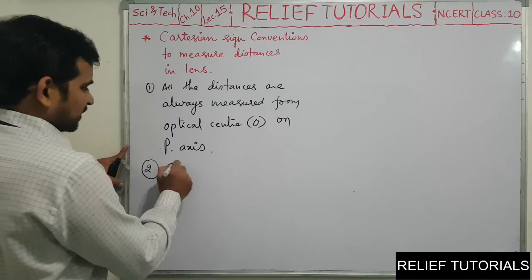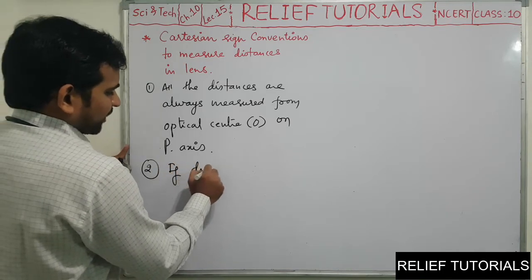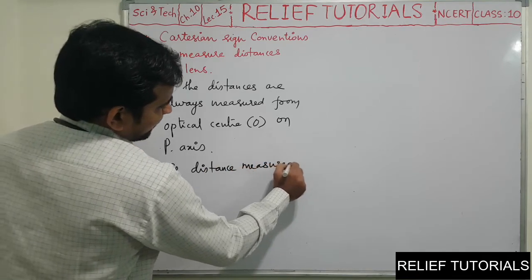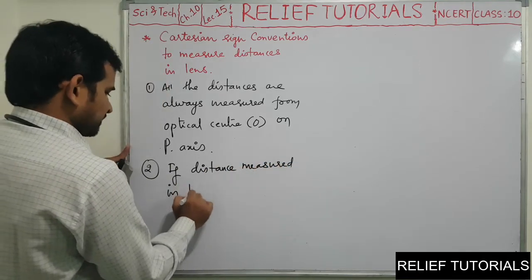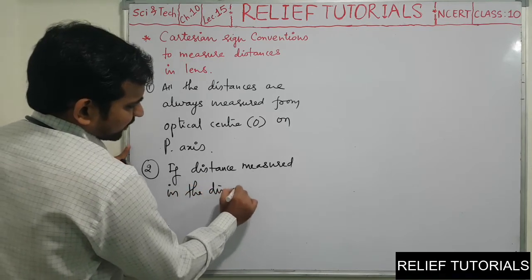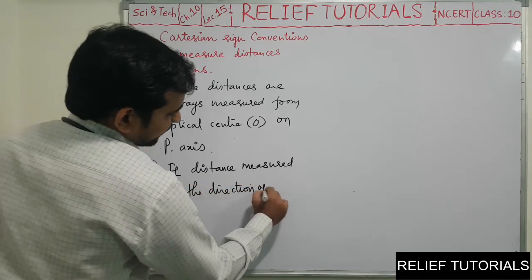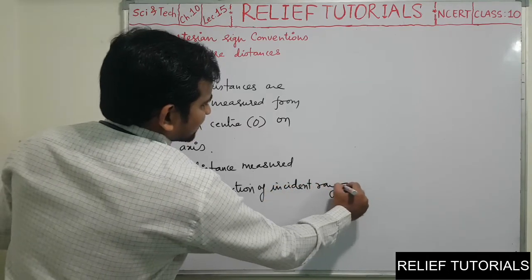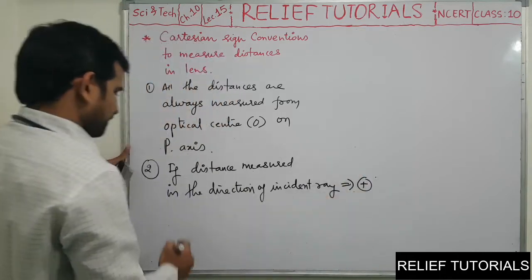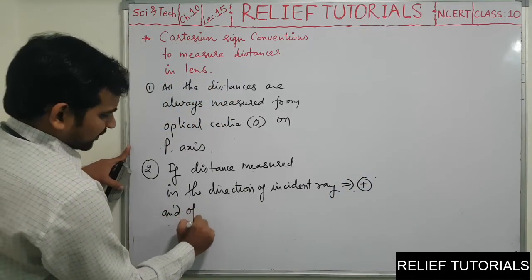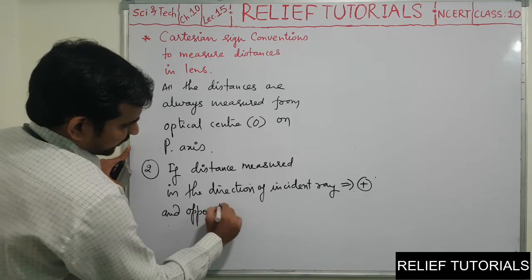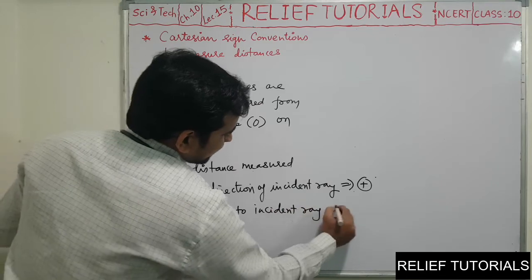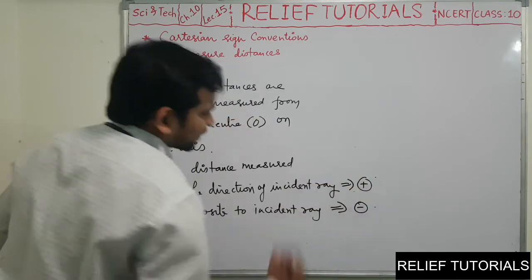Second rule: if distance is measured in the direction of incident ray, it is taken as positive, and opposite to incident ray, taken as negative.